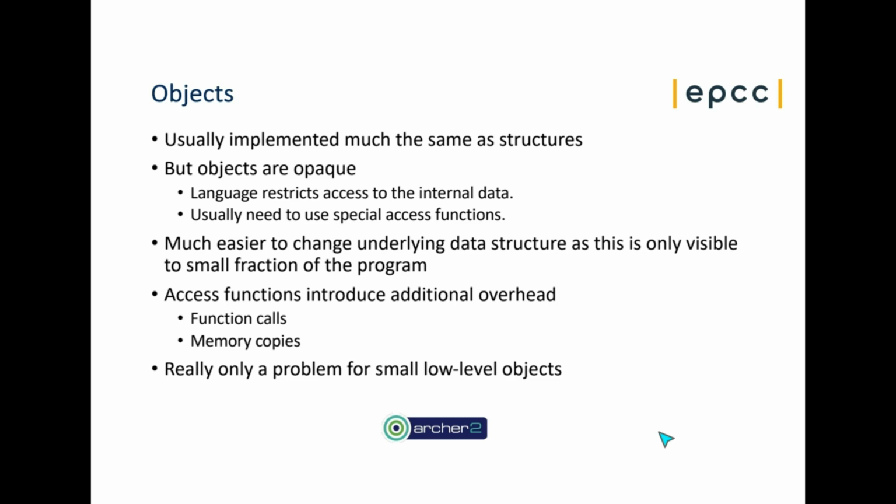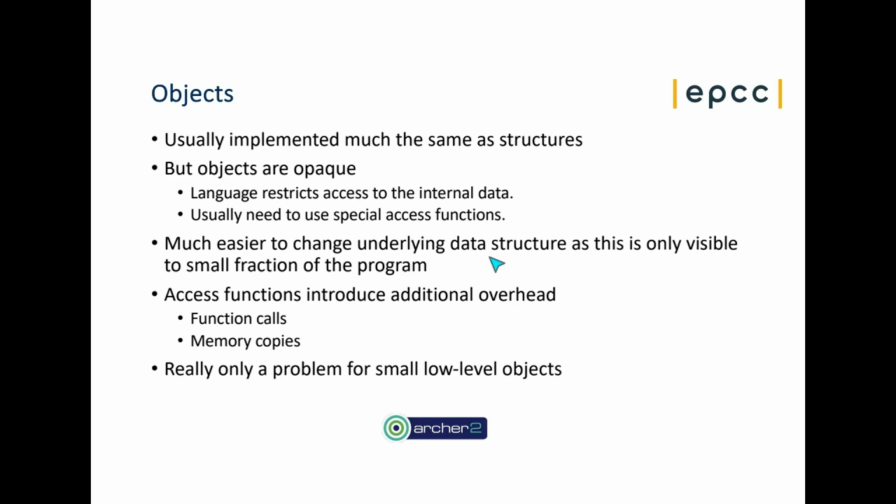So you make the internal data structures in an object private, so that they cannot be directly accessed from code outside the class. And that's usually implemented with special access functions. So you usually have getter and setter methods for all your internal data to avoid exposing the actual internals.